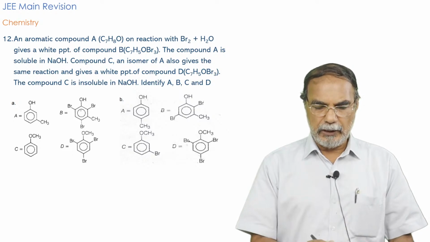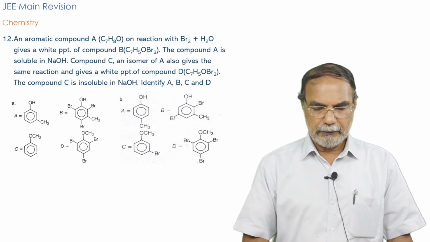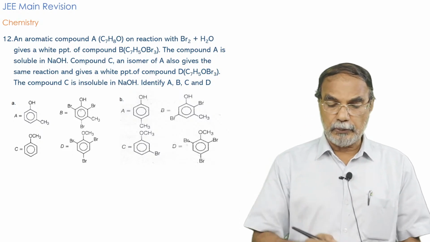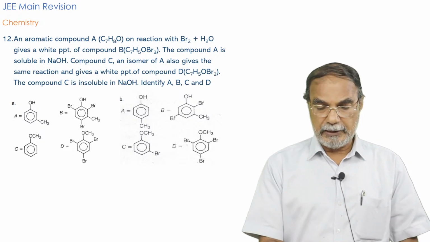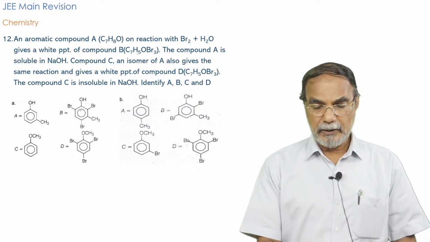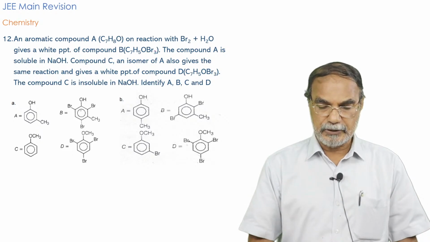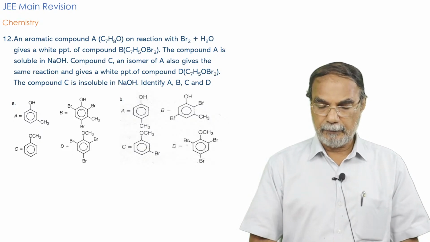There are 3 OH groups you find, where 3 bromine atoms have been substituted in the place of 3 hydrogen atoms in the compound A. H8, here it is H5. That means 3 hydrogen atoms have been substituted by 3 bromine atoms in the compound B.